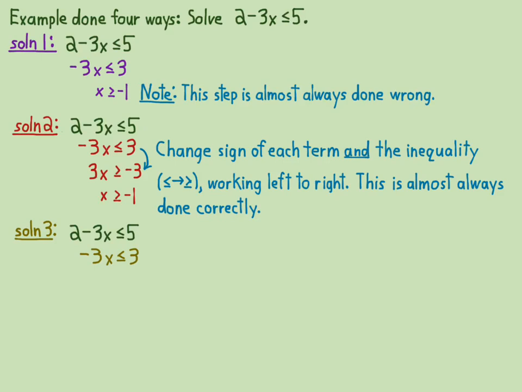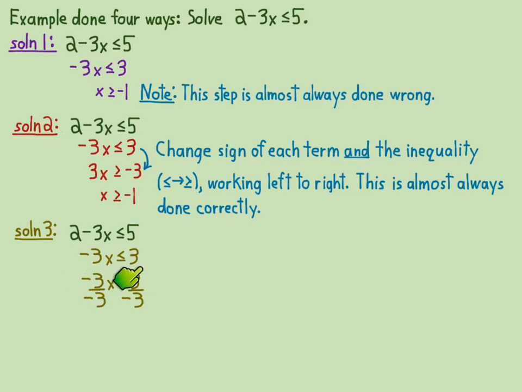Okay, solution 3. Subtract 2 from both sides again. And then I'm going to divide by -3. But notice what I did is, and this is all correct. These are all 4. These are all correct. Up to 3 so far. When I divided by -3, I changed the sign then. And I wrote it out separately. I didn't try to write it out on the same line, which is the habit people have.